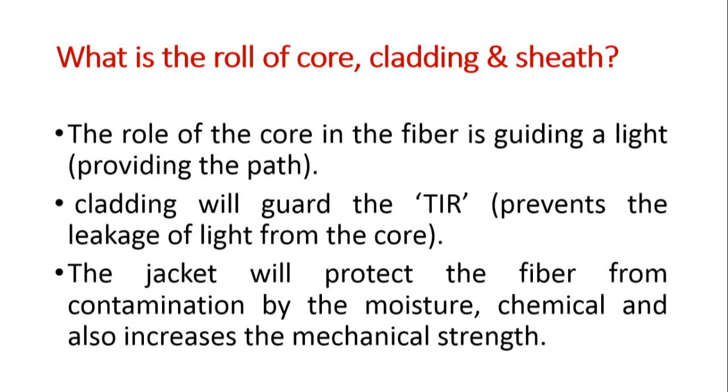Along with that, it increases the mechanical strength of the fiber. Mechanical strength means that if the fiber strand is installed and stressed over time, that stress can be taken by this polyethylene jacket or polyurethane jacket.